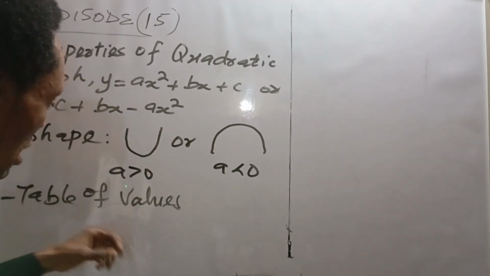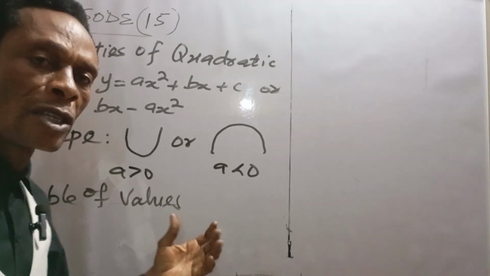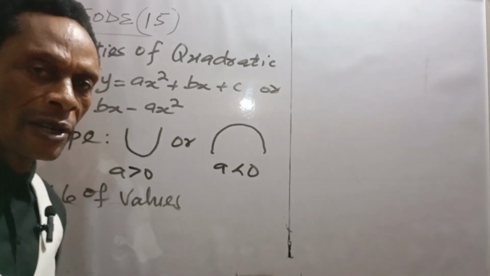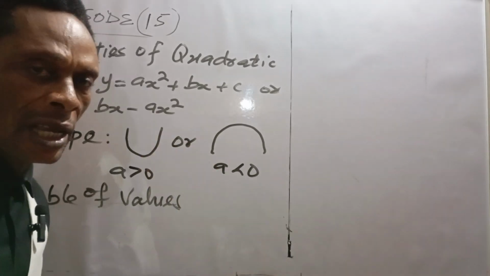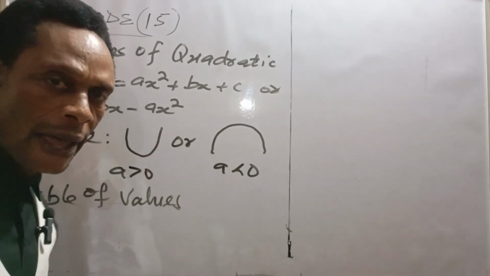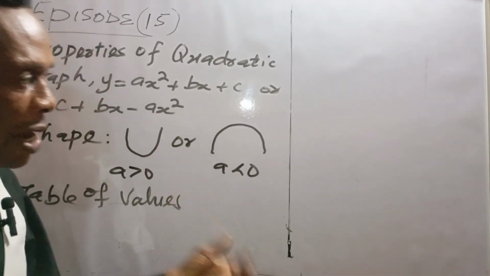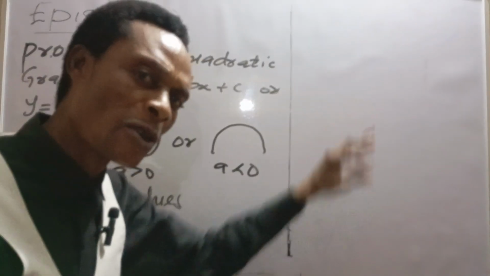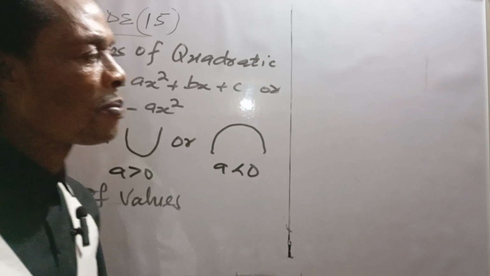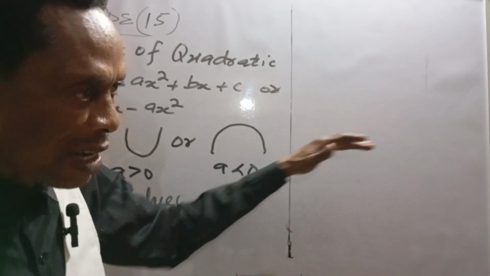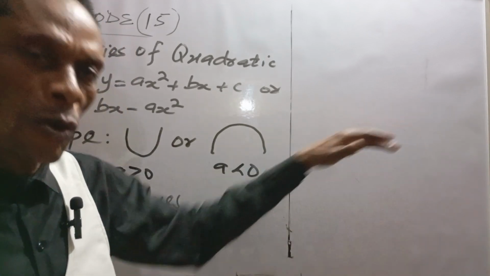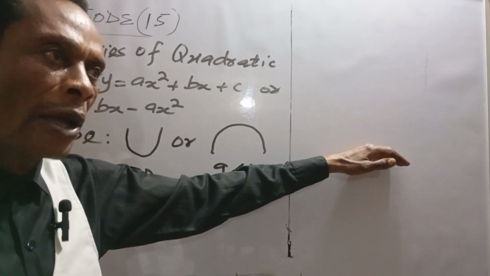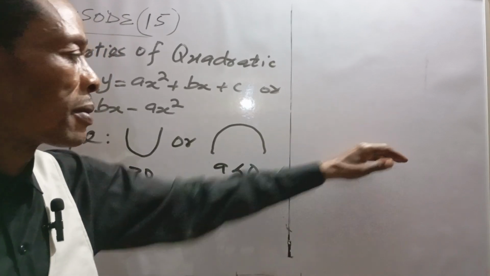But here a table is also involved, because the range of values of x is always given. So you need to calculate the corresponding values of y. So when x is so, y is this. That is how you will be reading it. Because the range of values of x is always given, you are expected to calculate the range of values of y through x.